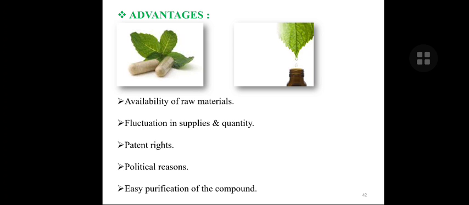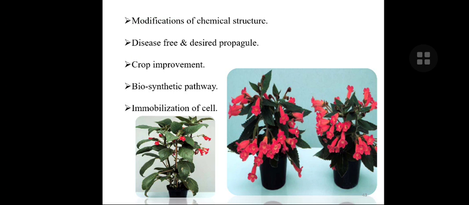Then fluctuation in supply, if there is any lack of supply, we can get rid of that. Then patent rights and political reasons, easy purification of compounds like secondary metabolites. Then modification of chemical structure is possible. Disease free and desired proper yield can be maintained.